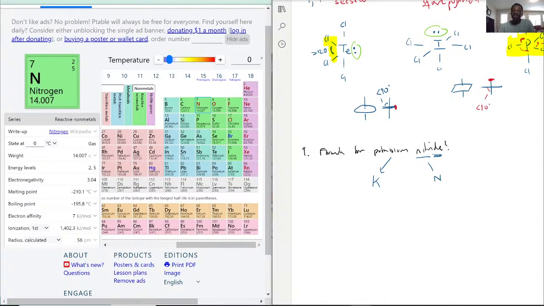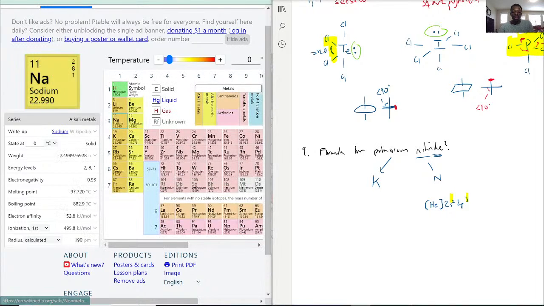So to get to its filled shell, it'll rather add 3 than remove 5. You can also support this through the electron configuration. Start at helium and it'd be 2s2 2p3. This also supports that it has 5 in its valence shell. With that being said, it wants to just add 3 more rather than get rid of all those 5.